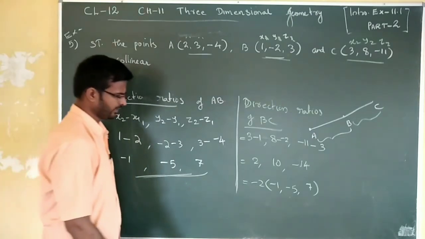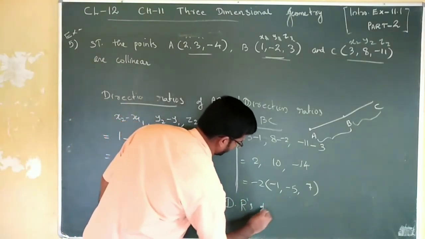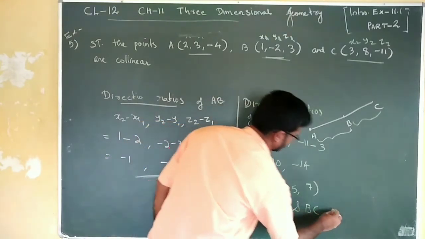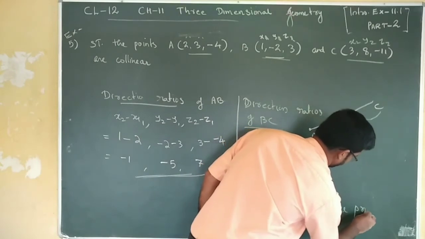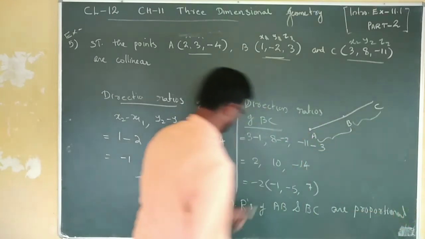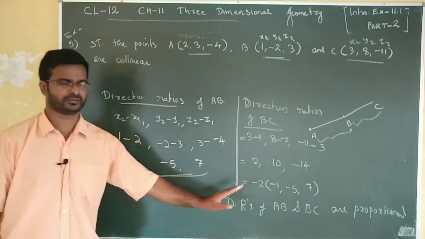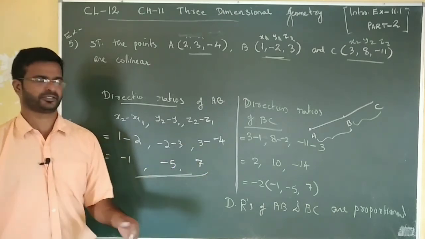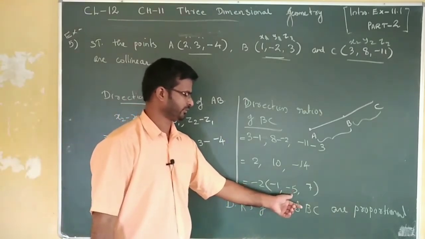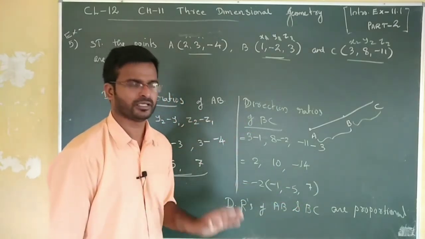Then we can say the direction ratios of AB and BC are proportional. Taking one common number, we get the same direction ratios, minus 1, minus 5, 7, in here also. That's why the direction ratios of AB and BC are proportional.